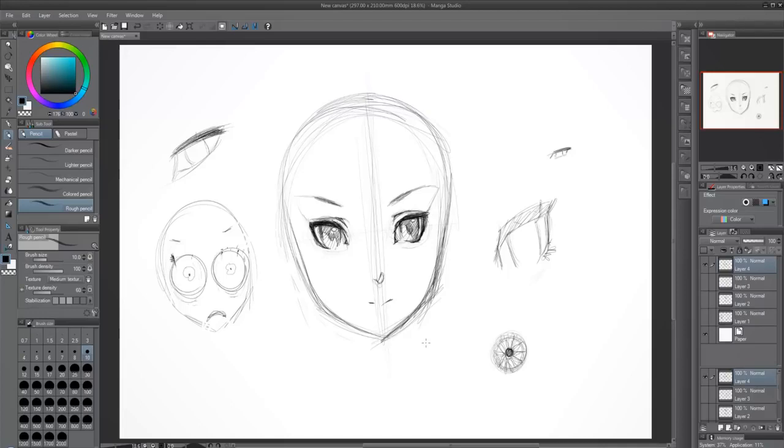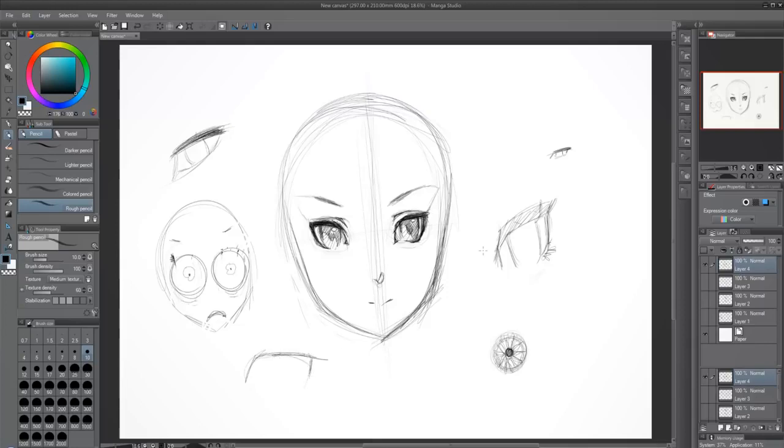So they're not stuck so much to reality. If this looks cool, fine, do it. But you could also break it. It doesn't have to be realistic as long as it looks cool, or as long as it helps to convey emotion.